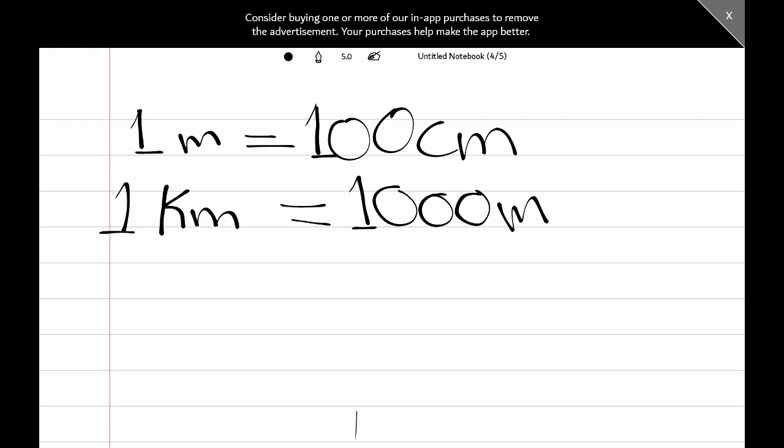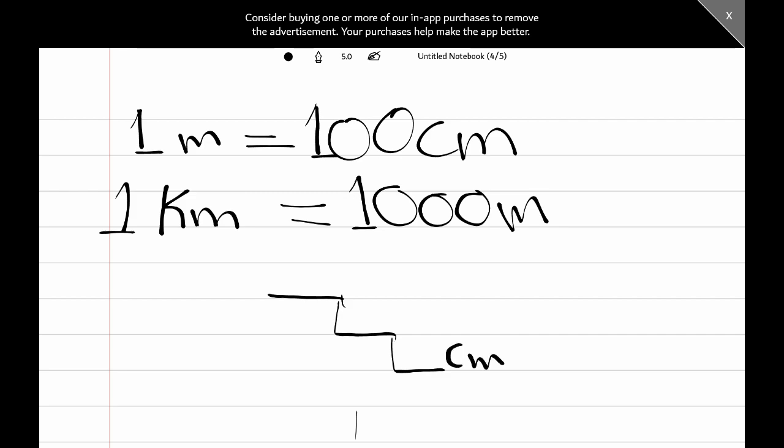So now, after we know that 1 meter equals 100 centimeters and 1 kilometer equals 1,000 meters, we are going to use this ladder so that it is very easy for us to memorize the conversion between those units. The first step is the smallest unit, which is centimeter.